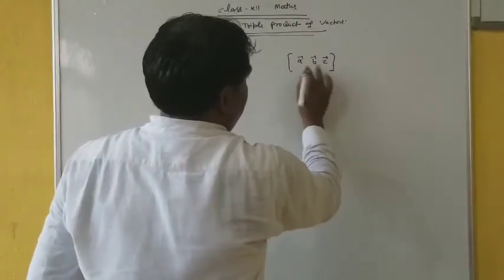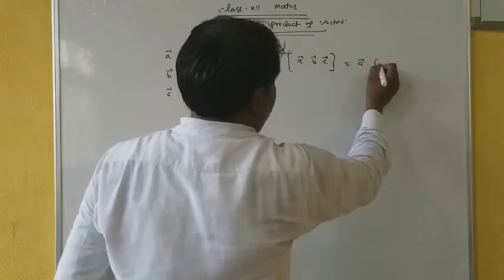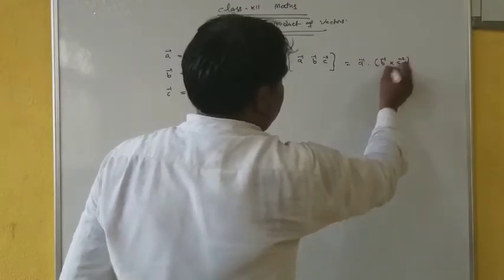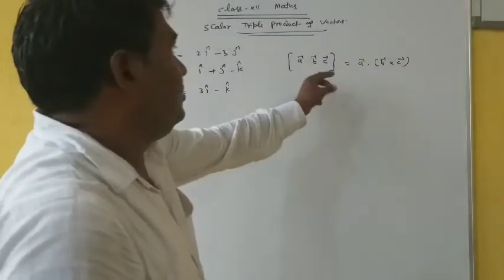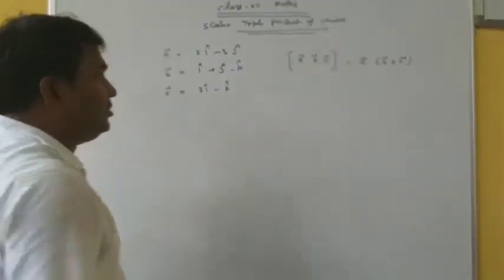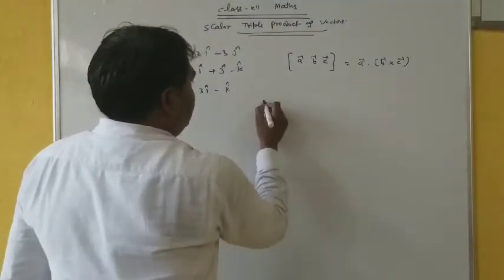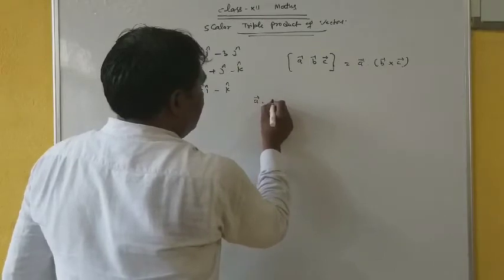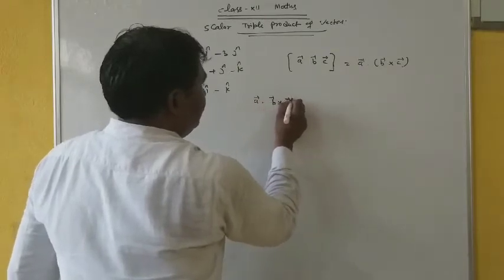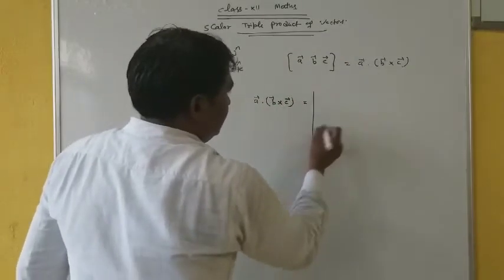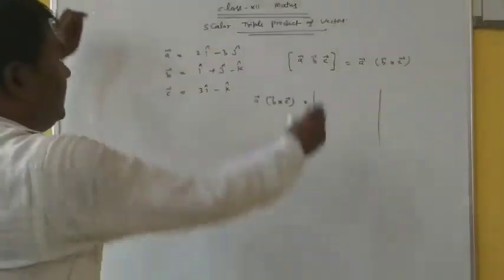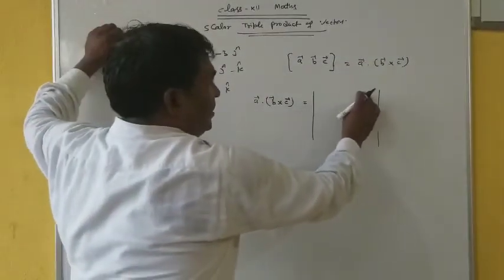Since you know that this means vector A dot vector B cross vector C, as you know by the scalar triple product. So A dot B cross C, as I have told you earlier, by the matrix determinant method, writing the coefficients of i cap, j cap and k cap.